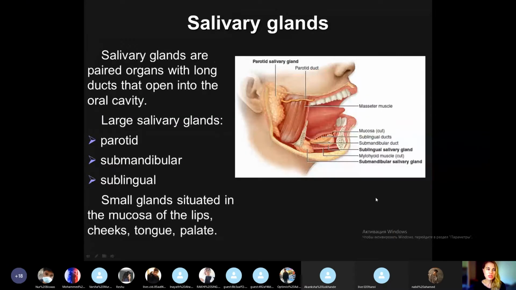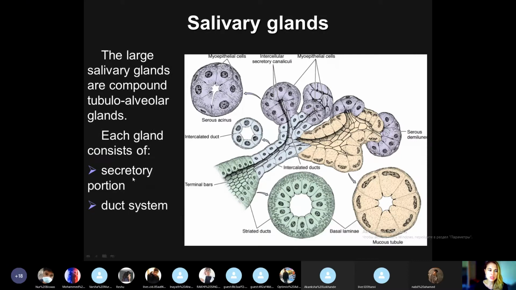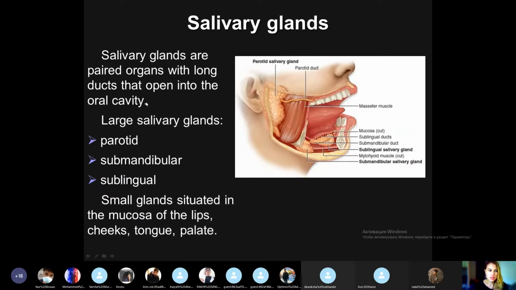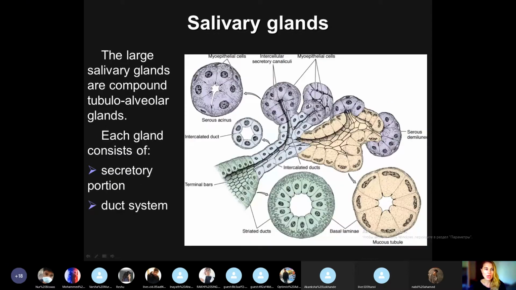The salivary gland, being a typical exocrine gland, consists of two parts: the secretory portion and the duct system. And the ducts of the salivary glands open to the oral cavity. For example, over here we can see the duct of the parotid gland.